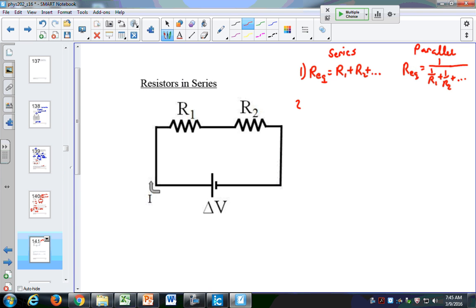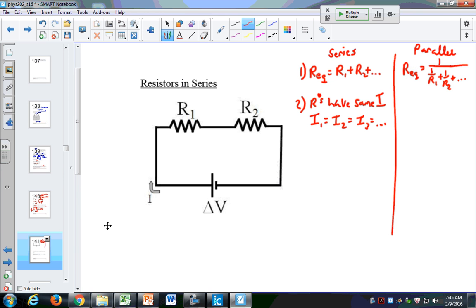For series circuits, the resistors all have the same current. That is, I1 equals I2 equals I3 equals however many resistors you have.